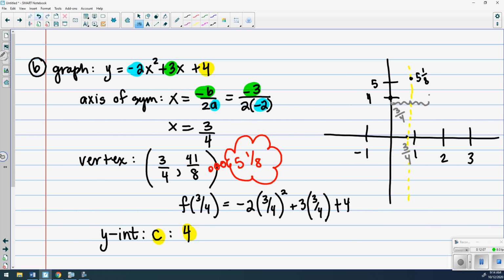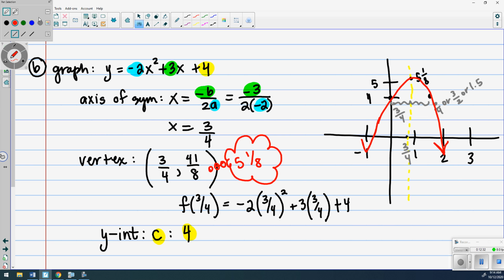So this point right here is going to be at 6/4, or 3/2, or 1.5. All of those are equivalent fractions. We've got that pretty accurately drawn. And then I'm just going to connect the dots like so. I don't really know what the x-intercepts are just yet, but that's coming up in the next few days.